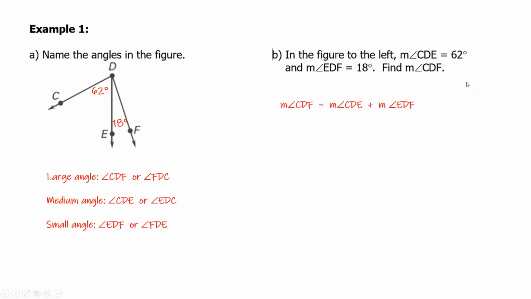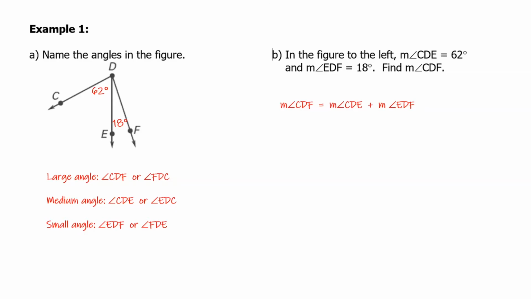So first I'm going to set up my angle addition postulate. I'm going to say that the measure of angle CDF is equal to the measure of angle CDE plus the measure of angle EDF. Notice again that I have the measures in front because you're talking about adding the measures of an angle. You're not talking about adding the angles themselves.